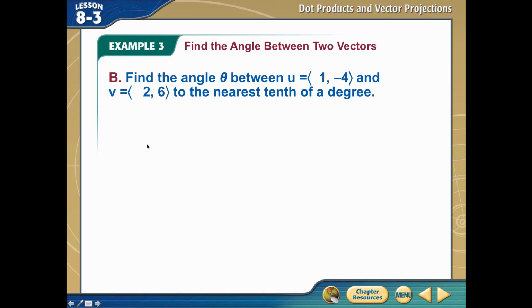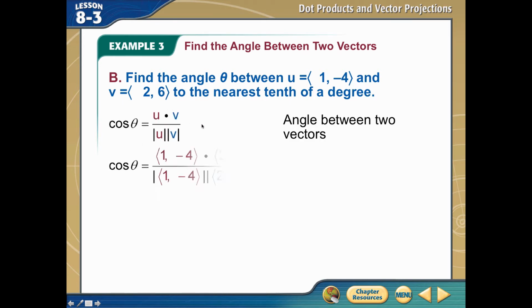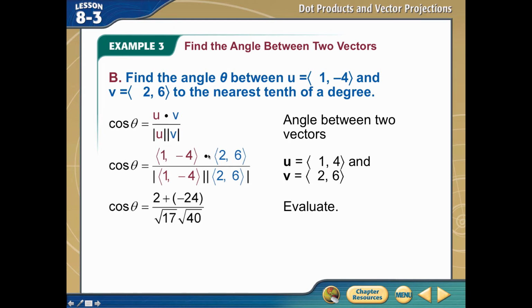Now find the angle between these two to the nearest tenth. And when I get to the end of this one, I'm going to point out something interesting that you may not have thought of. Again, write out the equation, fill in your vectors, do the dot products, do the magnitudes, and then simplify. 2 plus negative 24 is actually negative 22.